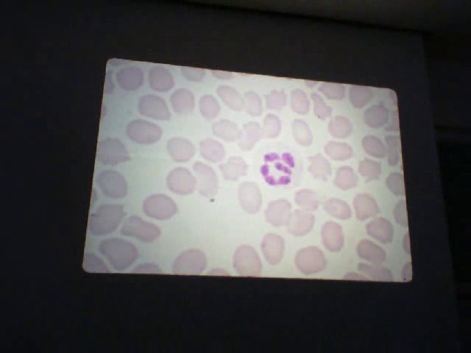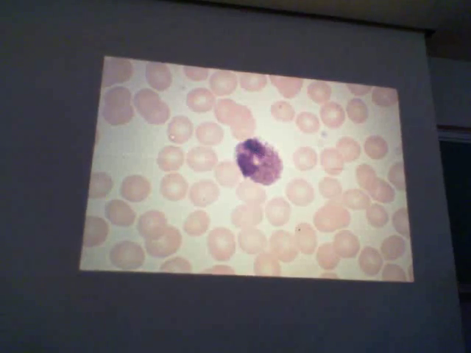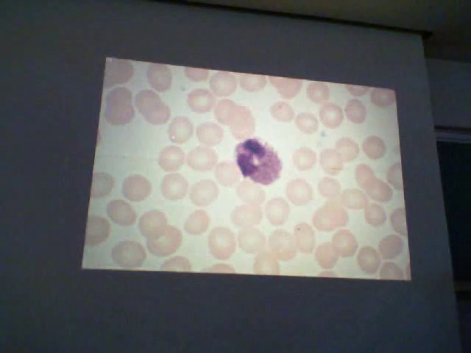Okay, this cell would be what? Another neutrophil. And how about this cell? What is that? That's an eosinophil. Okay, we have a bilobed nucleus. Look how dingy these red blood cells are.